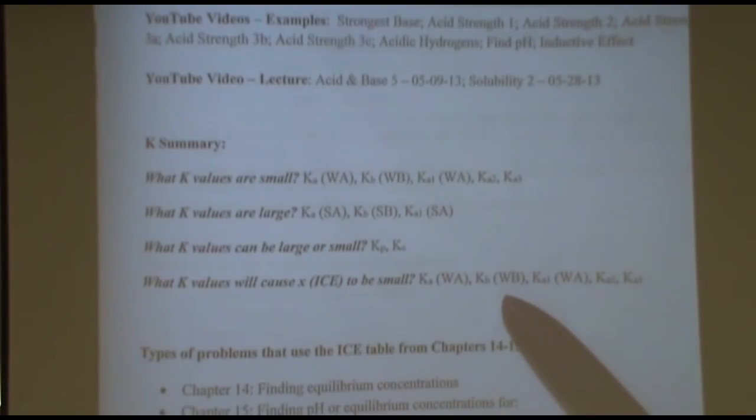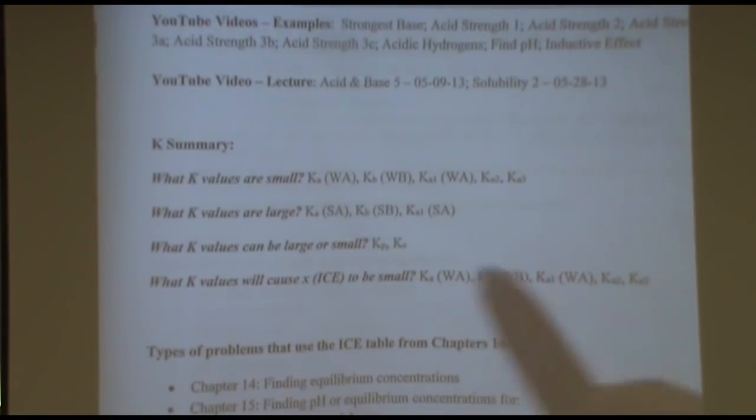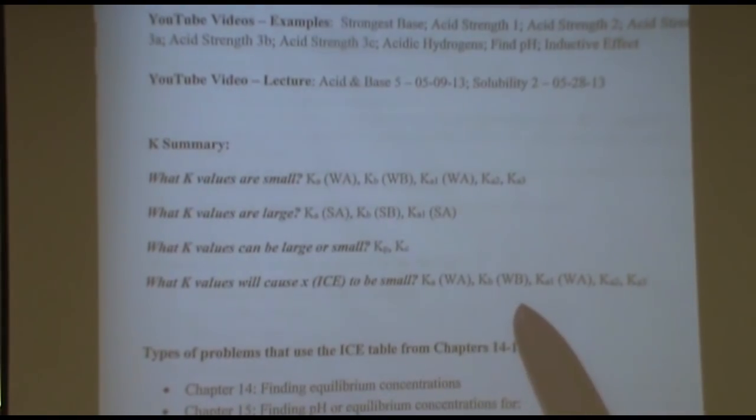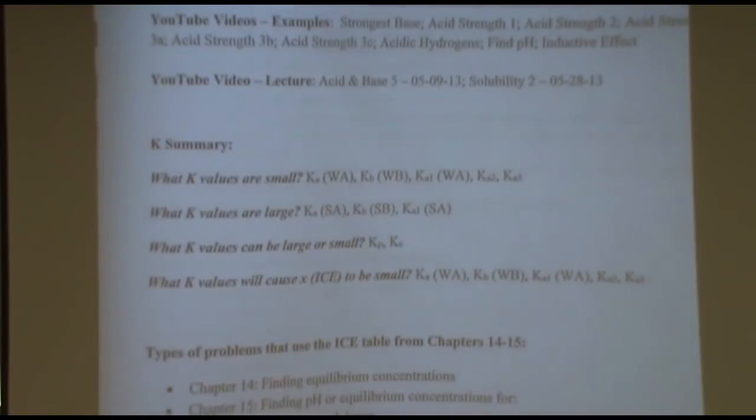In all those cases, x will be small, but only in the first three cases would you be doing the ice table. That's where you can use the assumption, pretty confident that x is small compared to the molarity it's added to or subtracted from.